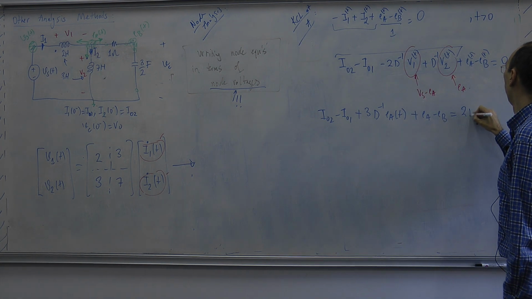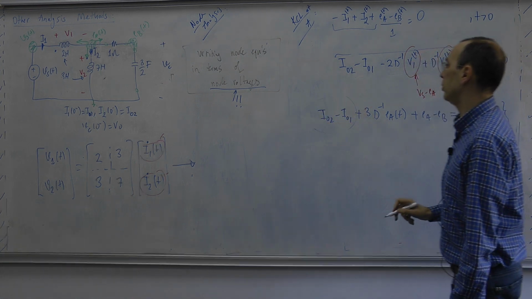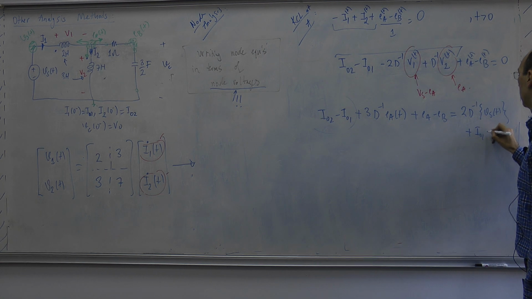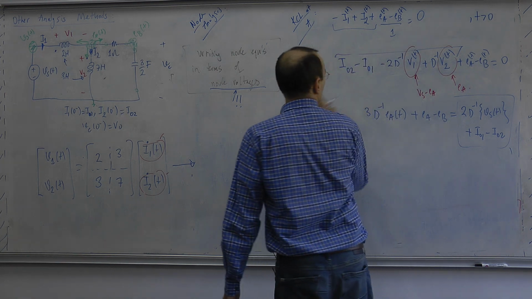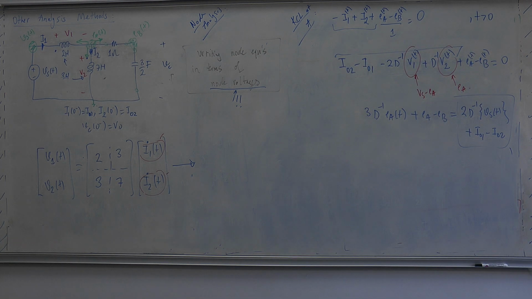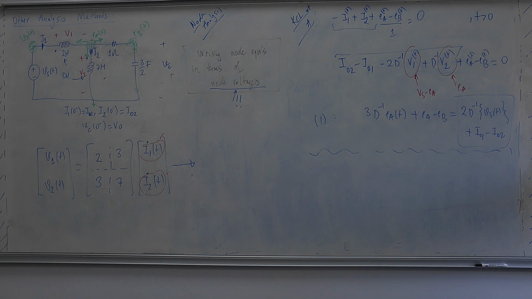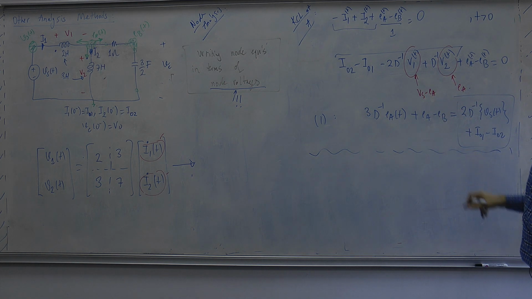So 2D inverse, just to show it like this. So I want to move these two, these are also known. These are the forcing terms due to initial conditions essentially. So right hand side is this, and let's erase these two. Okay, so this becomes my first equation. So my first node equation becomes this. Is everything correct? This is minus 2, this is this, EA minus EB, and okay, it seems fine up to this point.